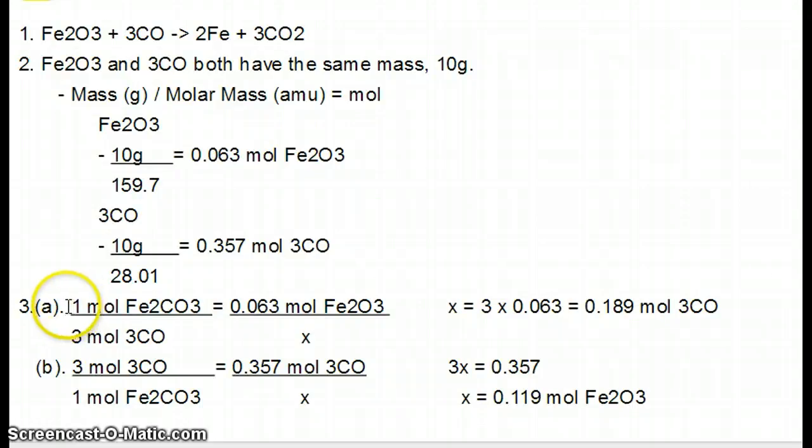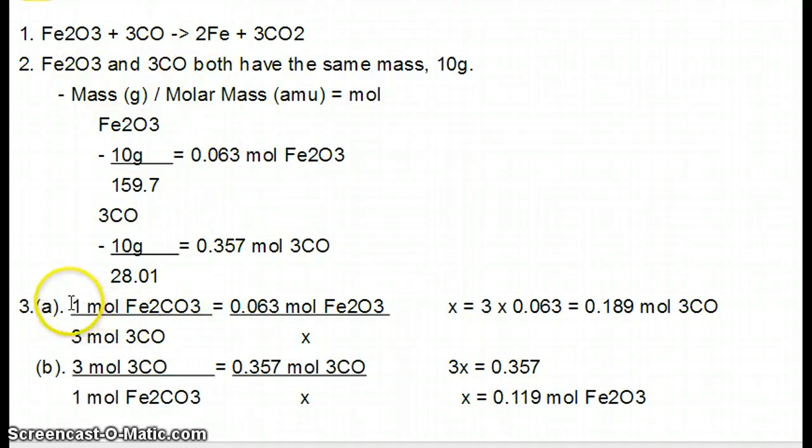So here, it's a bit of stoichiometry where you compare the ratio of iron 3 oxide and carbon monoxide in moles. The ratio is 1 to 3, so for every 1 iron 3 oxide, we should get 3 times more carbon monoxide.